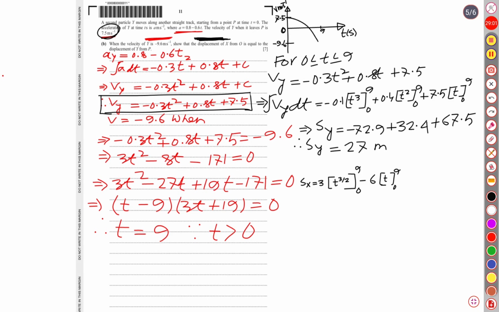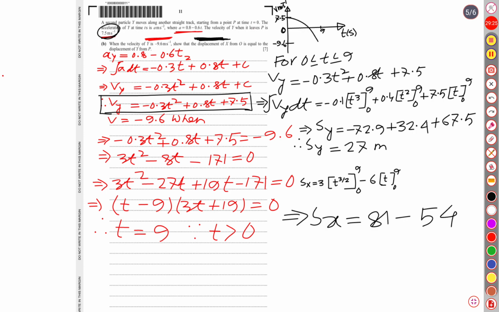Now if we calculate this, the displacement of x is going to be: 9 raised to 3 over 2 is actually 3 cubed, which is 27. 3 into 27 is 81, minus 6 nines, which are 54.